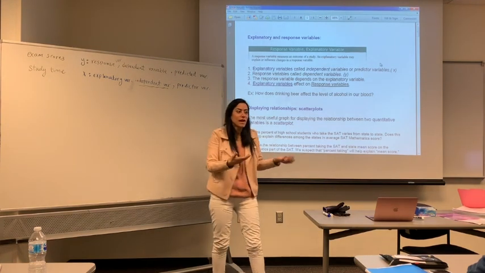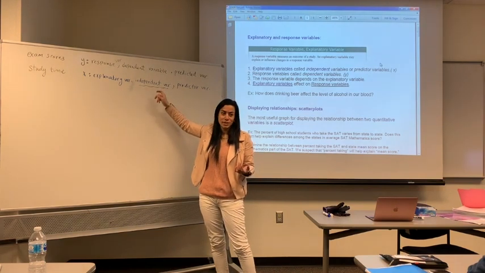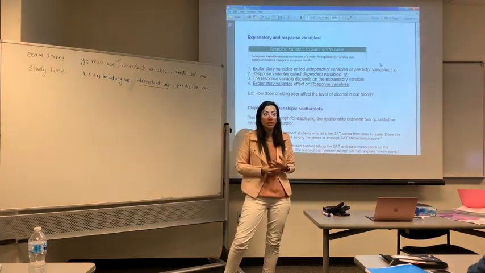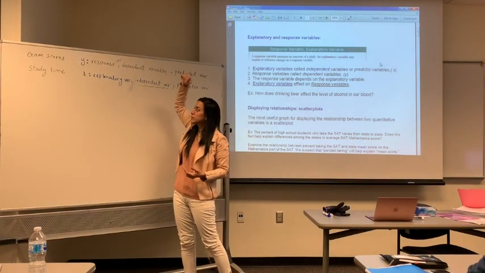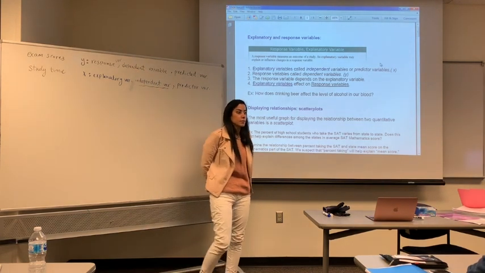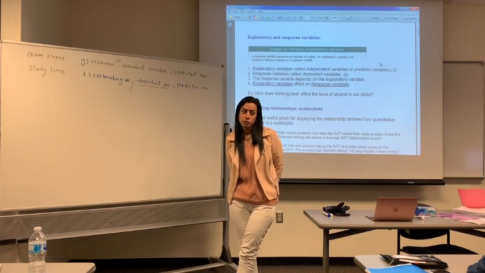Because maybe there are other variables that have a relation with the explanatory variable and they are dependent on each other. And those variables will be explanatory variables. But obviously, this explanatory variable is not dependent on exam score or the response variable. Do you have any questions so far?